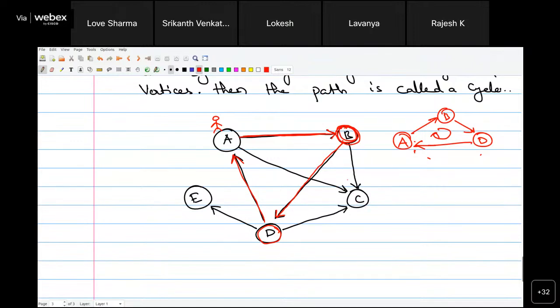If you reach C, you cannot travel to any other place. So these are not cycles, but at least I got one cycle like this, A to B, B to D, D to A. So if you got one cycle in your graph, then that fails the property of acyclicness and it will be a cyclic graph.